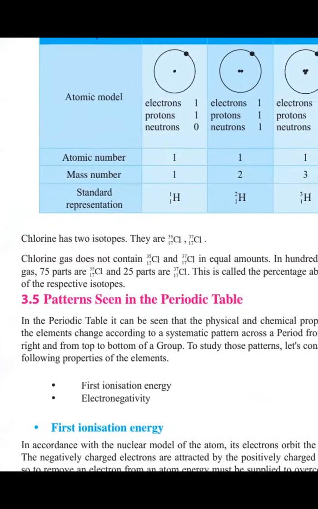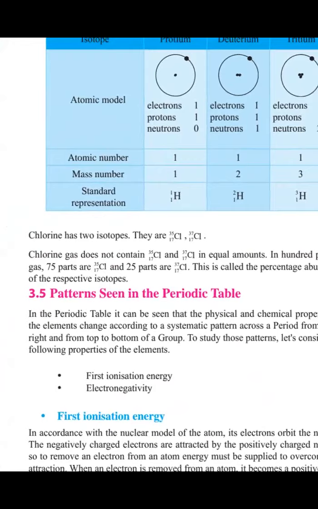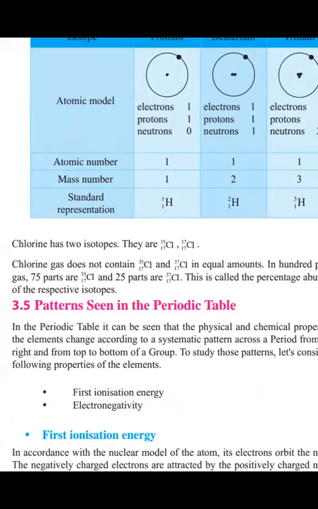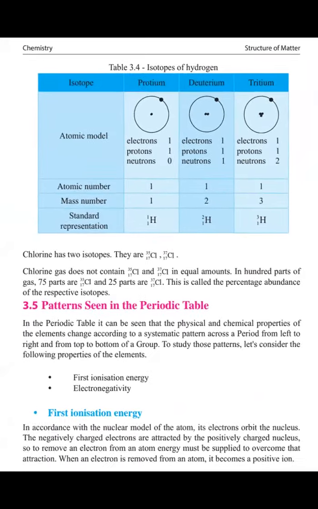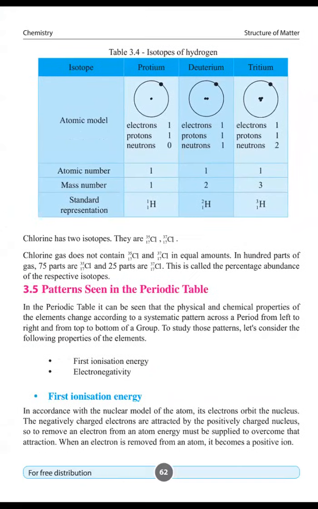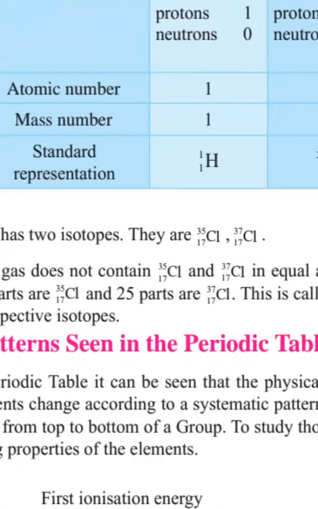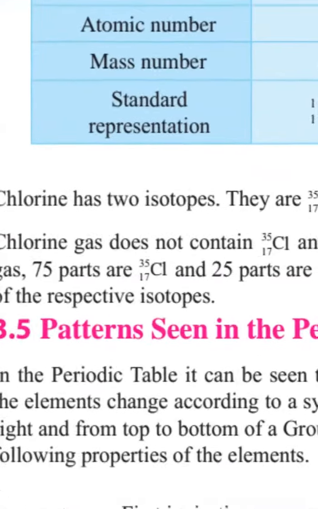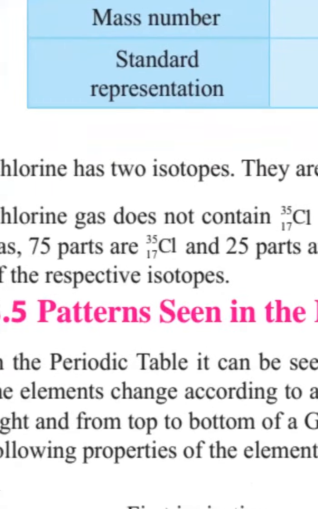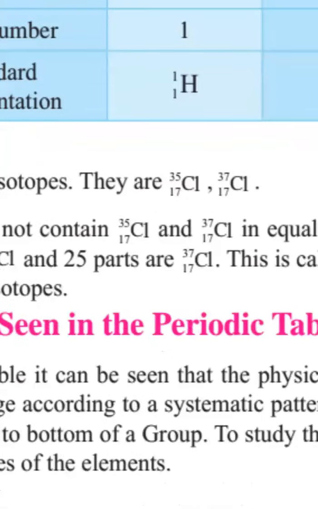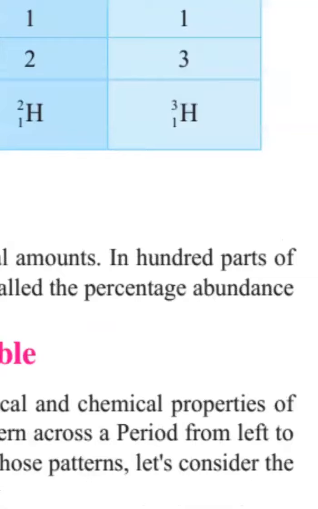Chlorine gas has these 2 isotopes. But these isotopes are not in equal amounts in the chlorine gas. Chlorine gas does not contain Cl-35 and Cl-37 in equal amounts.